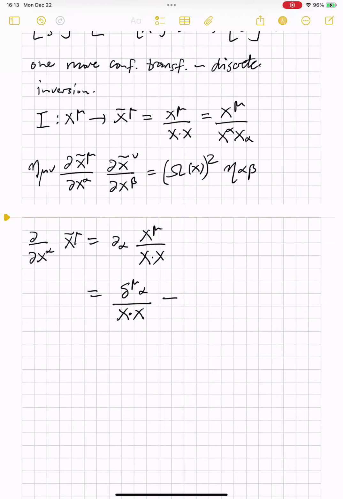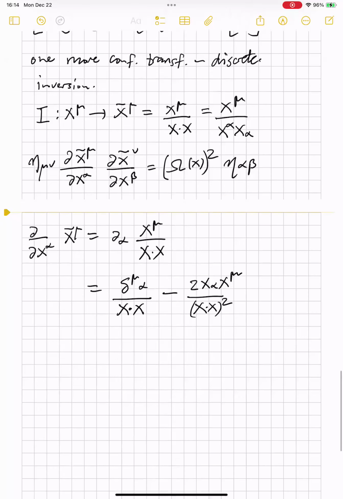If I do, I will get a minus, because it's 1 over x dot x, I will get x dot x squared. And then I need to differentiate the x dot x. If I differentiate x dot x, I'll get a 2x alpha. And let's not forget the x mu.